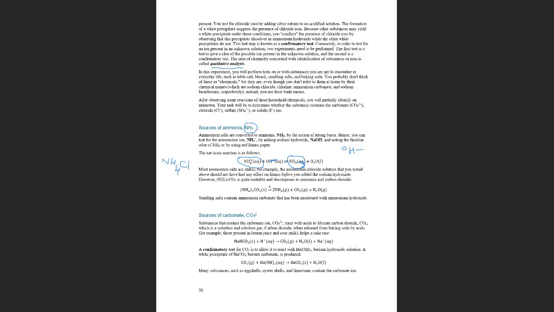One way is by smelling the common ammonia odor. And the other way is, because this is a gas, using litmus paper. Do you know what a litmus paper is, right? It's a paper that, if you have an acid, you use a blue litmus paper and it turns red.